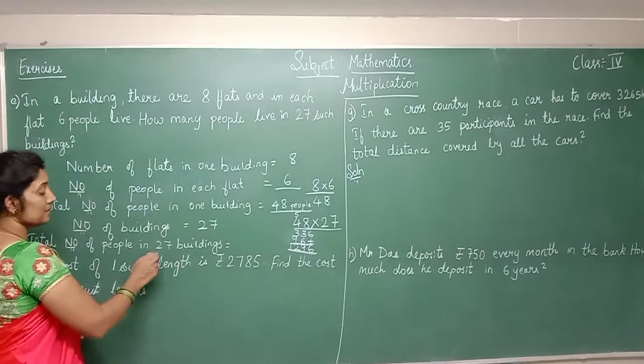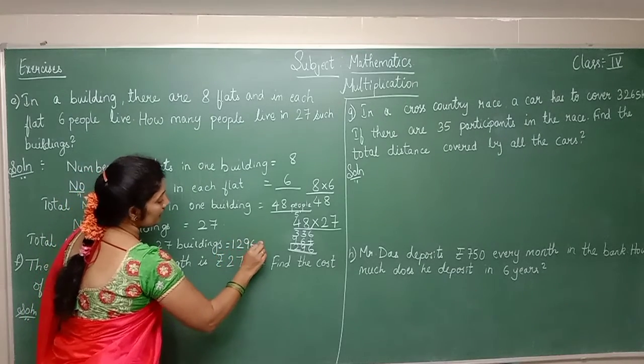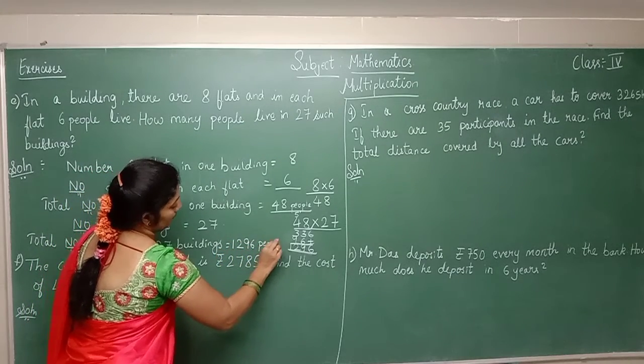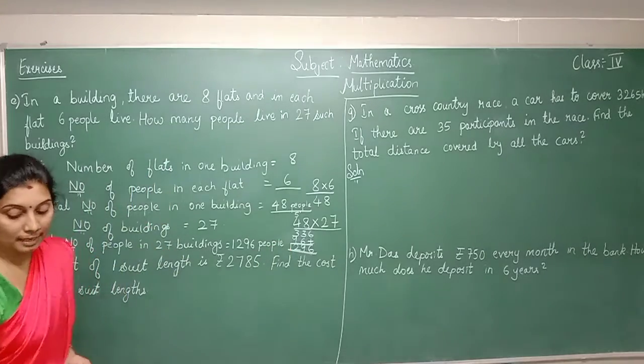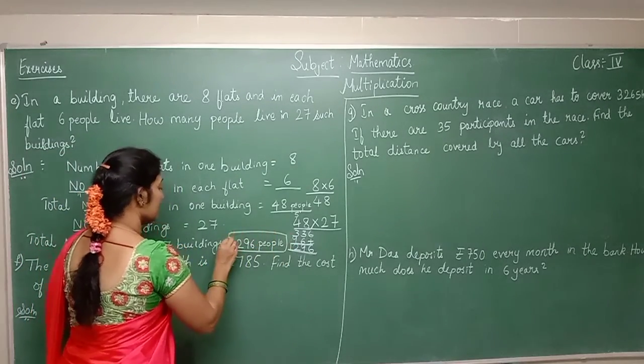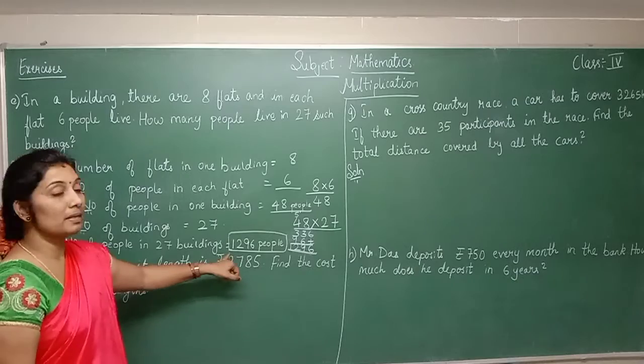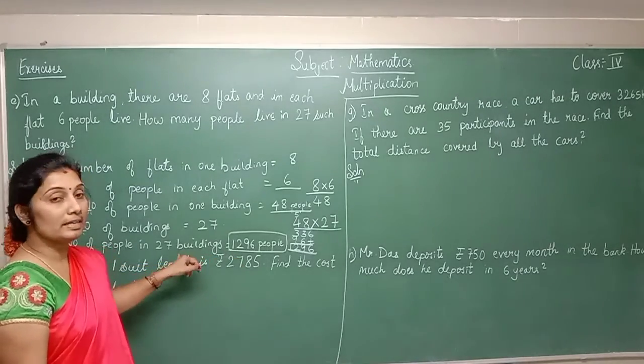So how many people are living in 27 buildings? 1296 people. Okay, you got your answer now. There are 1296 people, all living in 27 buildings.